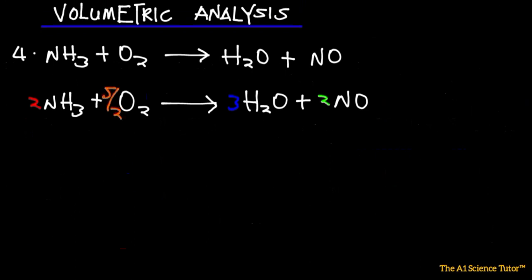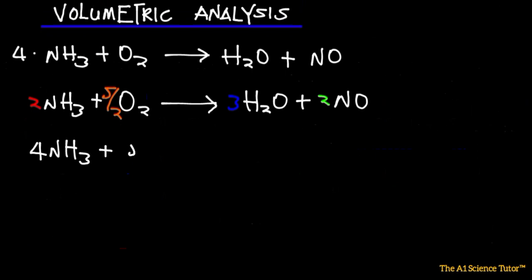But of course, you know that we cannot have fractions as coefficients of chemical substances or reagents. So we need to take the denominator and multiply through everything with it. 2 multiplied by this, that will give us 4. So that will be 4NH3.